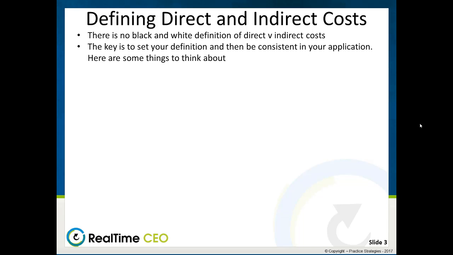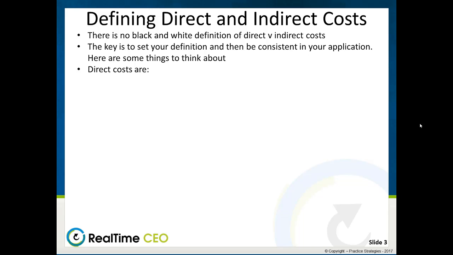The most important thing is to come to a definition that suits your business and then be consistent from period to period using and applying that definition. One of the more powerful insights that you can get into a business's operating performance is how the costs change over time as revenue changes. So consistency of definition is absolutely critical.